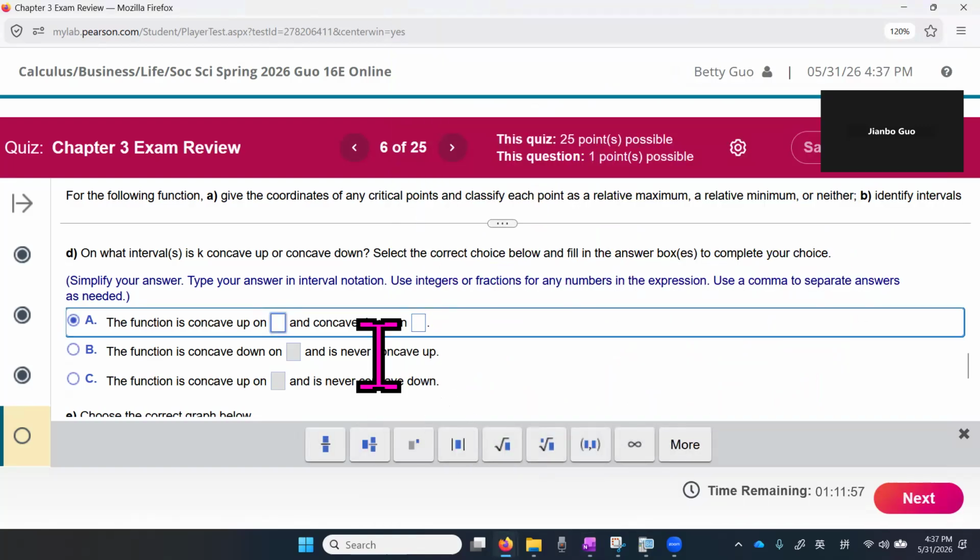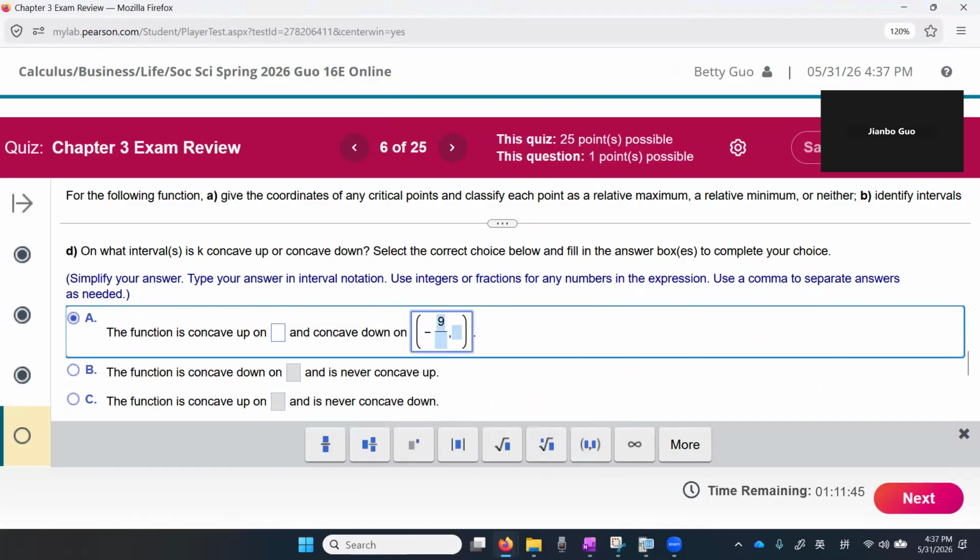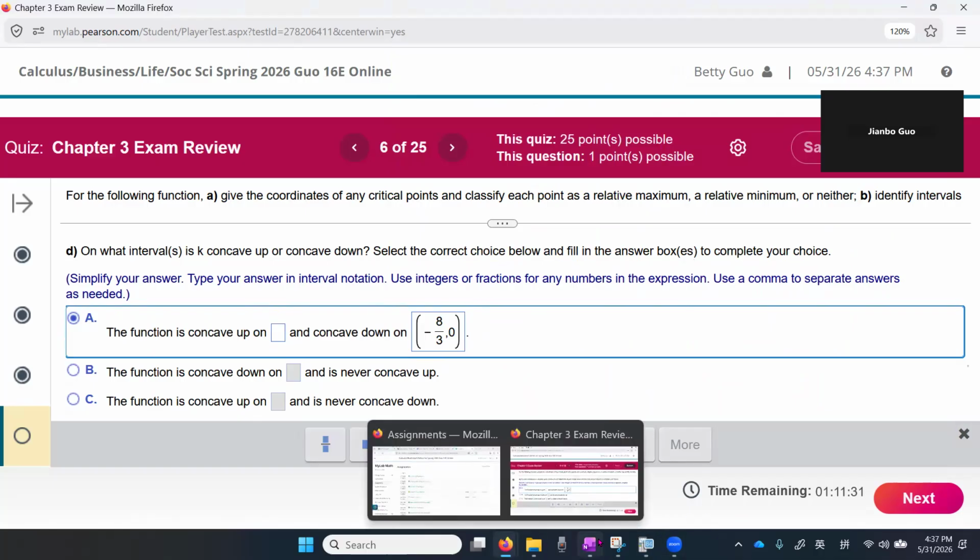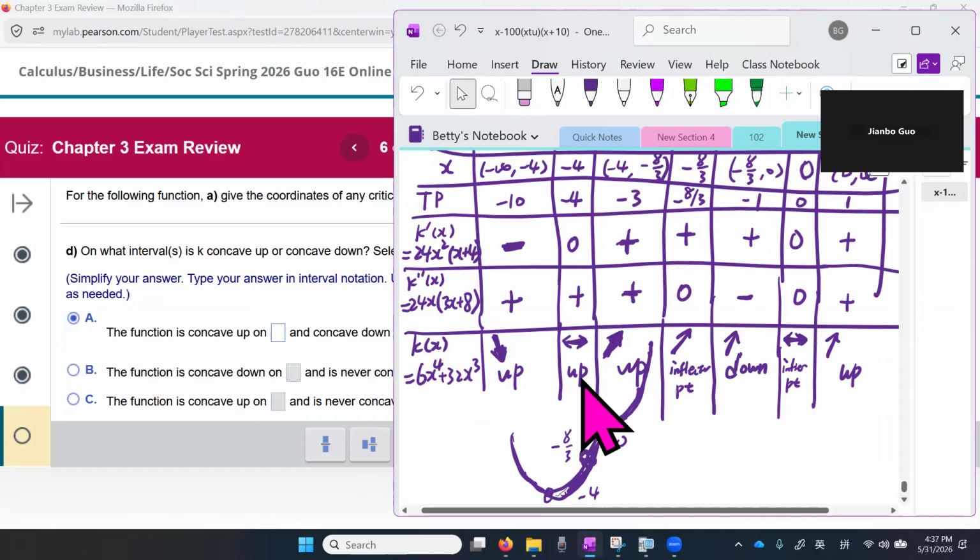Negative a over 3 to 0 is down. Okay, negative a over 3 to 0. Only negative a over 3 to 0, that's down. All other intervals are up.